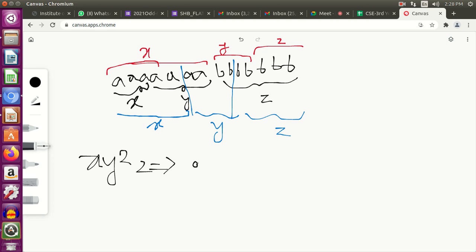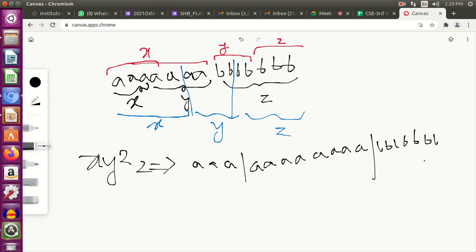The x part had 3 a's. The y part had 4 a's. Now y raised to the power 2 means these 4 a's will be repeated: 1, 2, 3, 4, then again 1, 2, 3, 4. And then I have z. Z was these 7 b's. So 7 b's. Fine. Done.